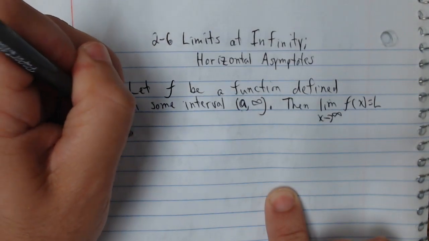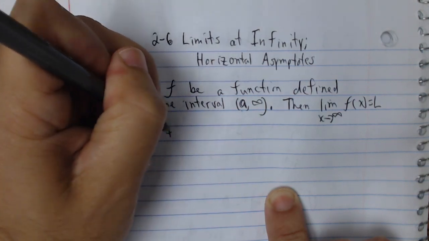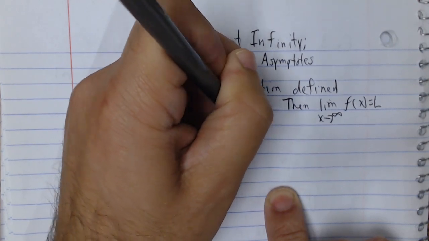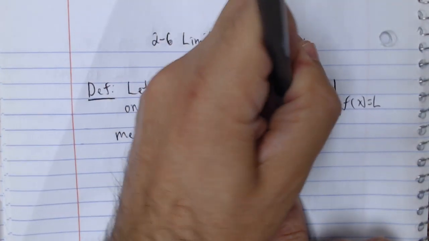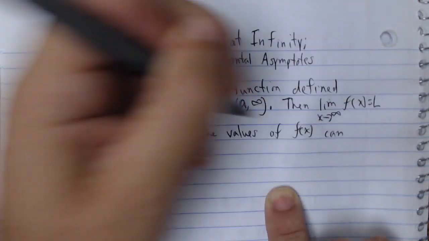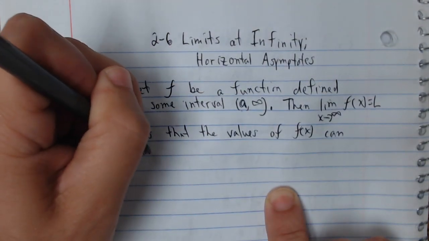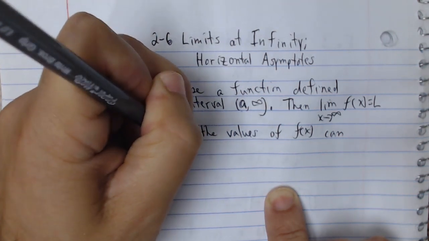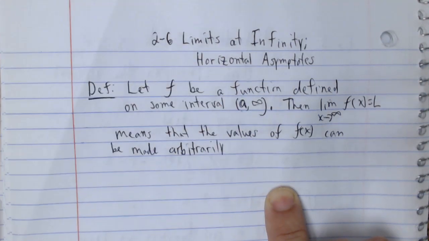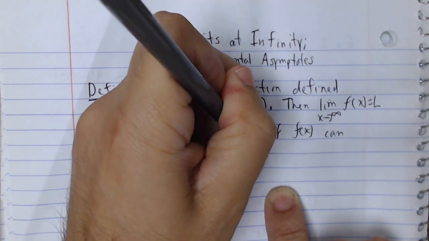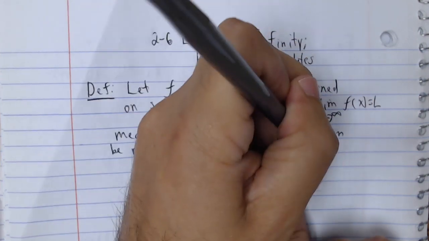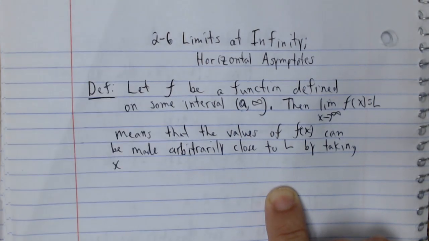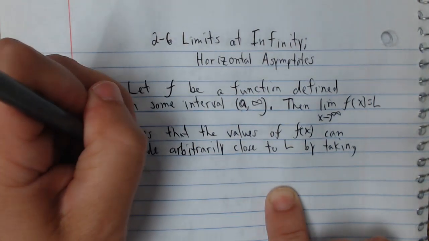This means that the values of f of x can be made arbitrarily close to L by taking x sufficiently large.